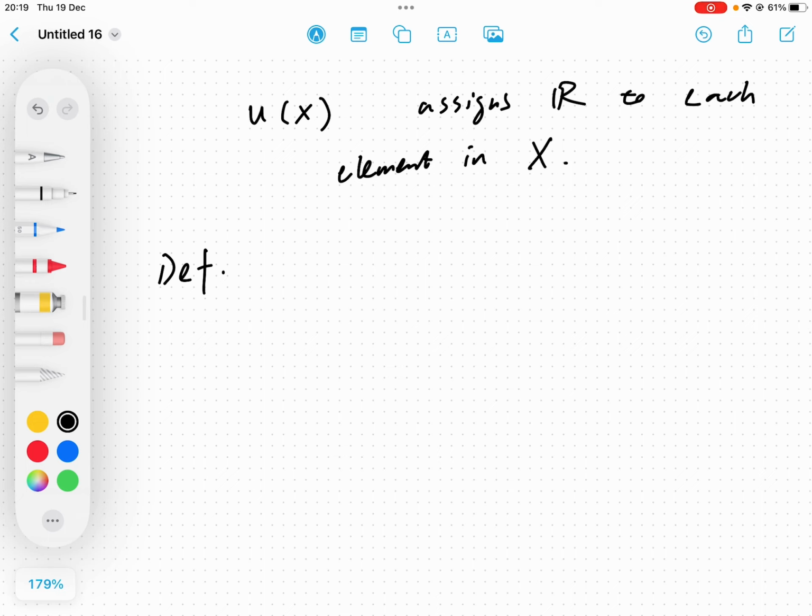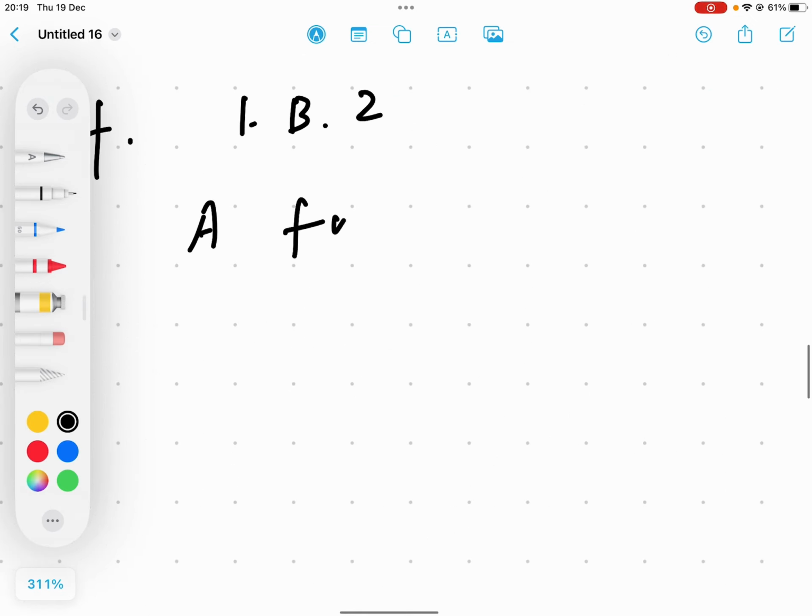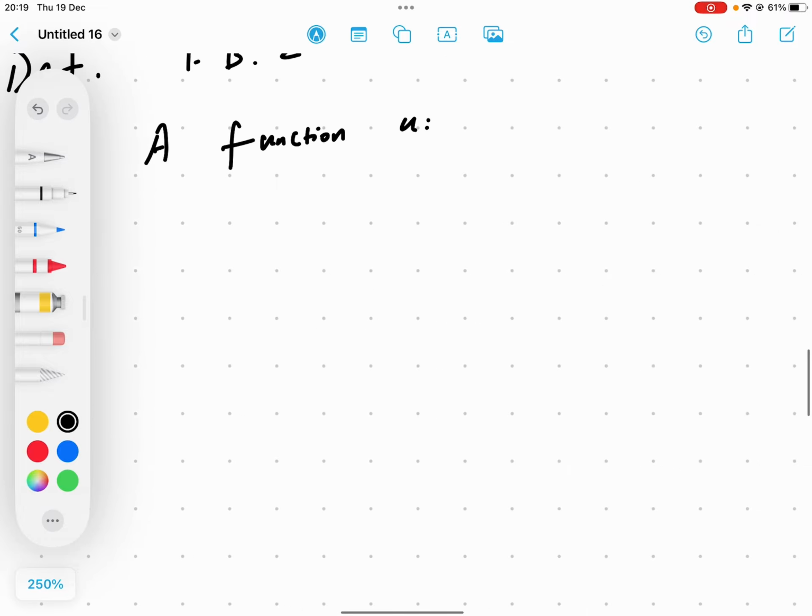So this will be the definition in the textbook, 1.b.2. So let's say a function u, okay. So it's from the set of alternatives x, and it maps to the real numbers, and this is called a utility function.